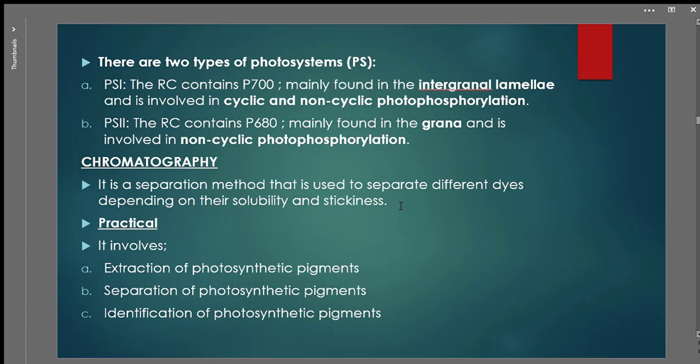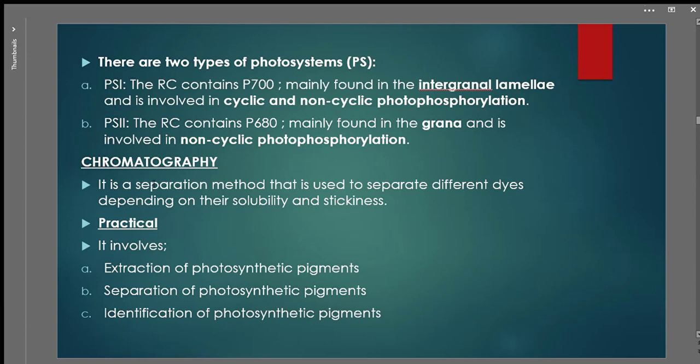The substances in this case will be photosynthetic pigments. They are soluble in that organic solvent to different degrees, and they stick to the adsorbent paper to different degrees, and therefore they travel different distances depending on their solubility and stickiness.